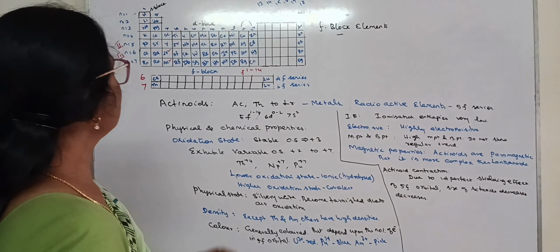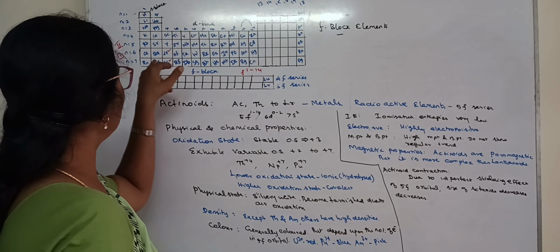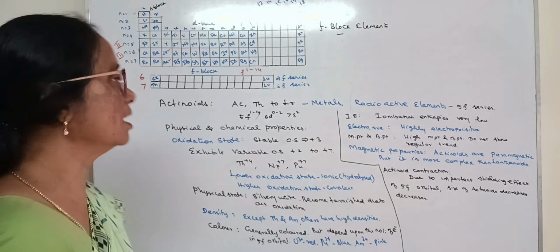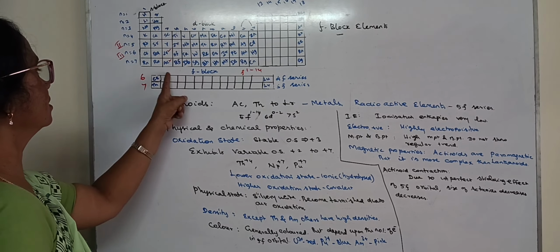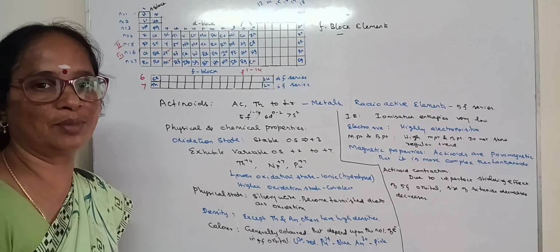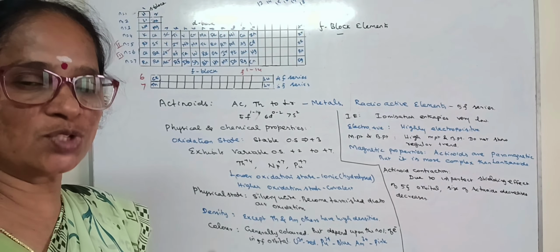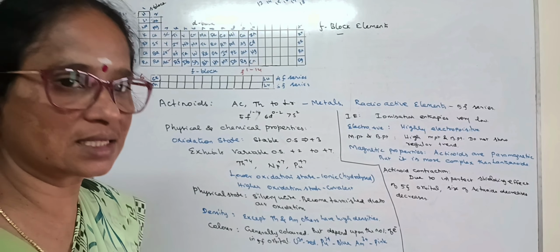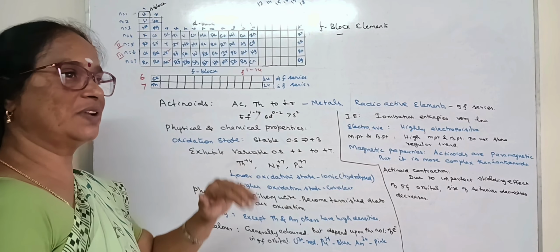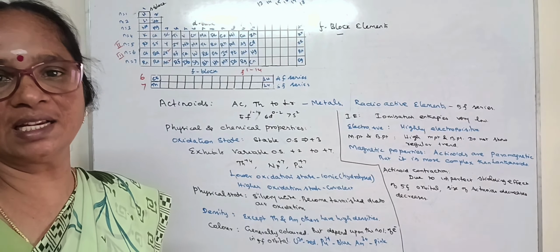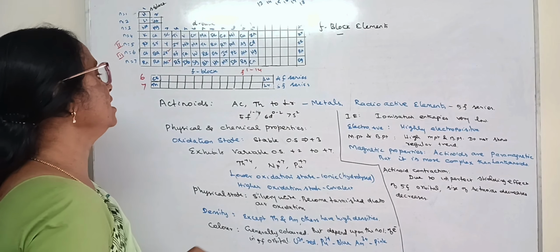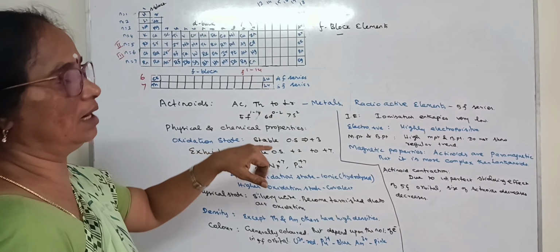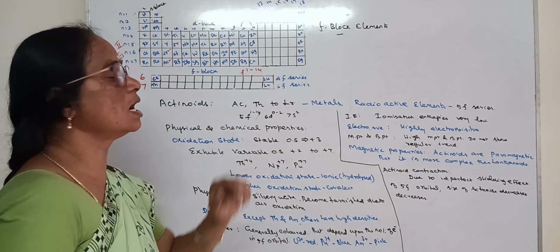Now, why is the name actinides given? Because in the 7th period under the 3rd group, the first member is actinium, in which only the valence electron enters. After that, the other differentiating electrons enter the 5f orbital from thorium to lawrencium.